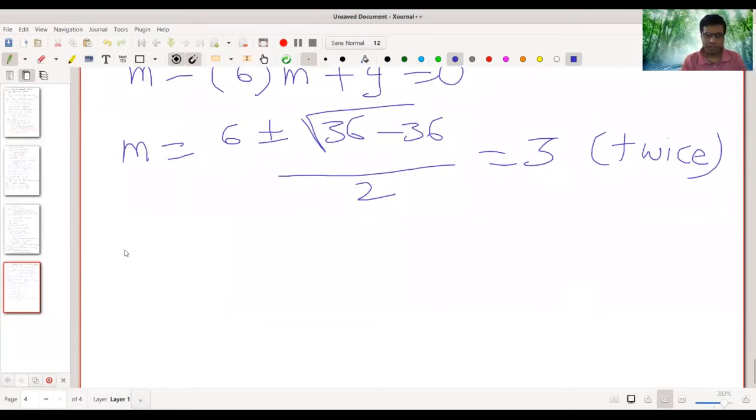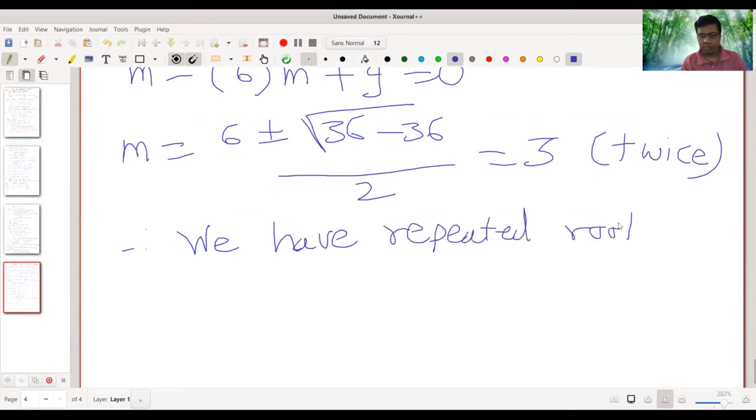We have a repeated root. Therefore, we have one solution. It is x equal to a e raised to mt, y equal to b e raised to mt. So let us find a and b, and then we think about another solution.